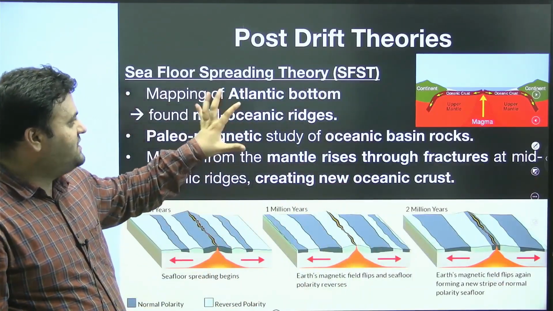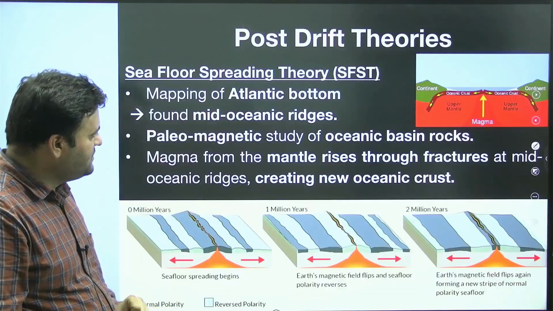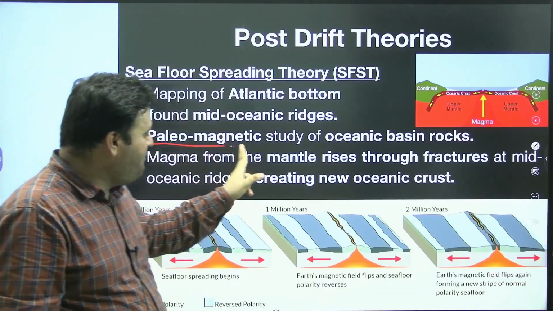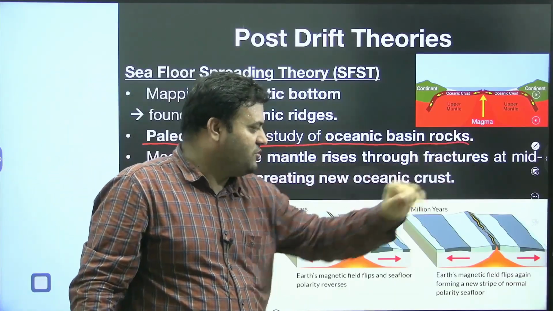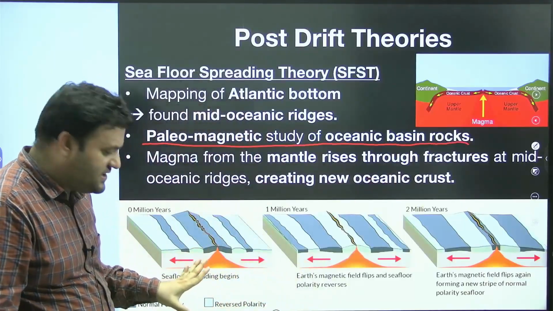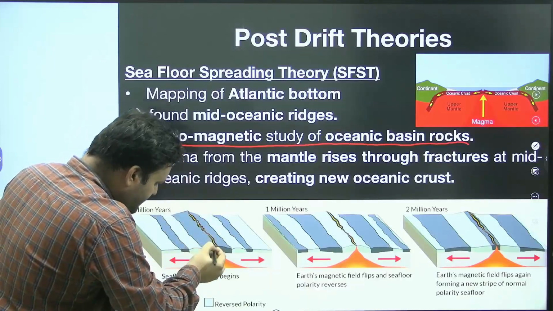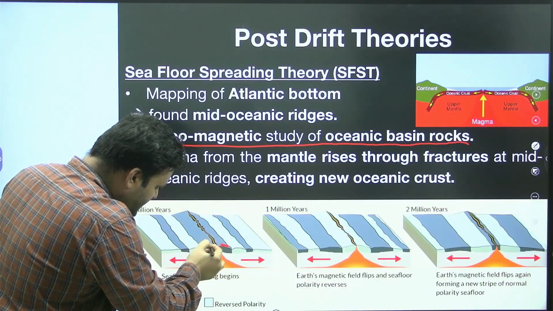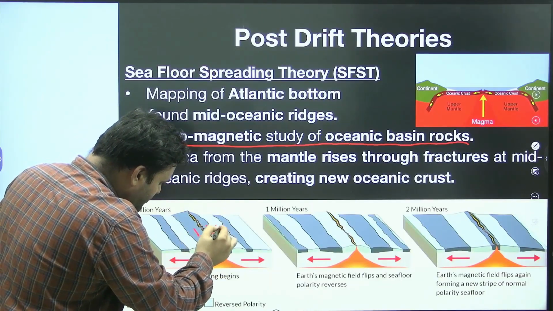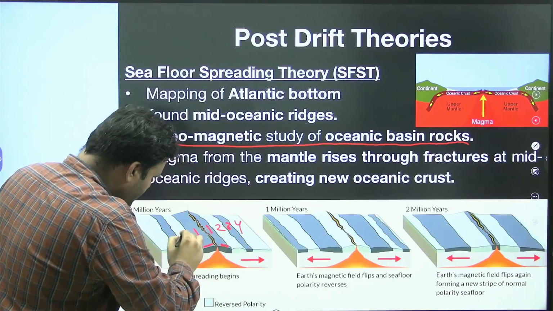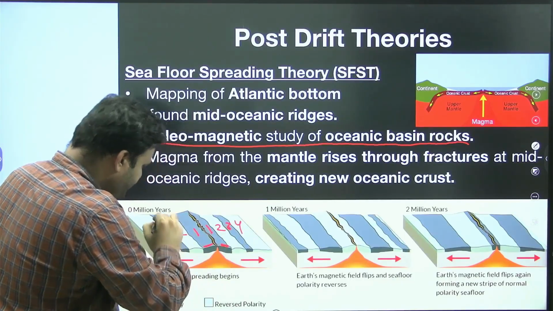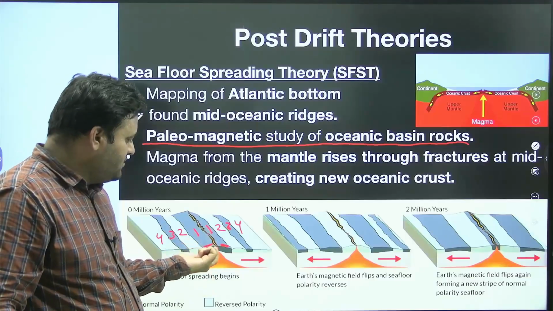As per this particular theory, there was a paleomagnetic study of oceanic rocks. Like here you can see this example. For instance, this is rock one, this is rock two.